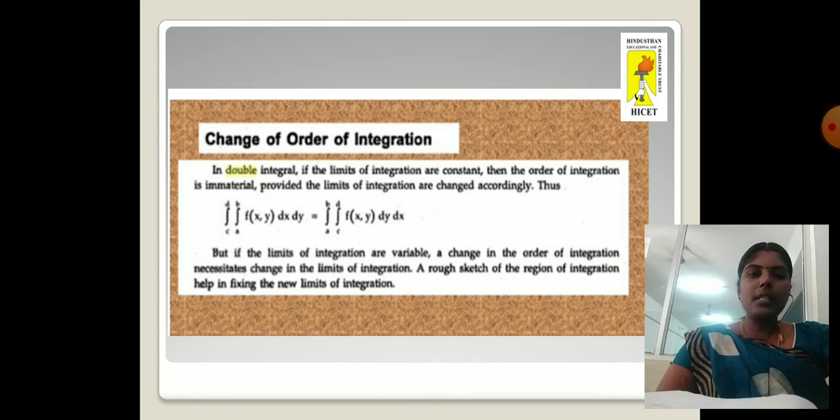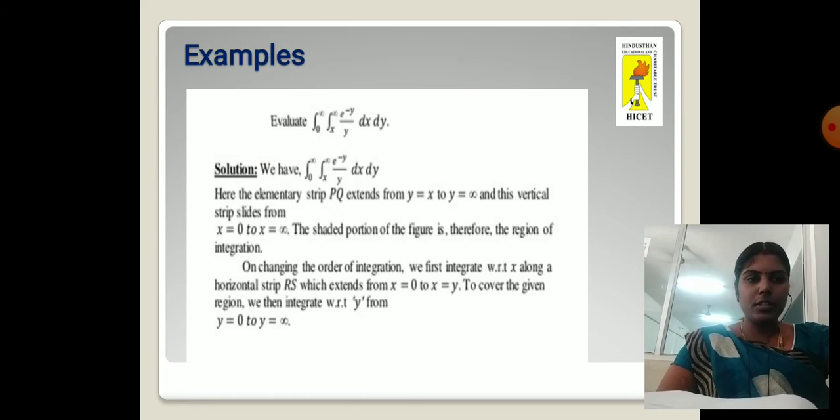But if the limits of integration are variable, a change in the order of integration necessarily changes the limits of integration. A rough sketch of the region of integration helps in fixing the new limits of integration. This is called change of order of integration.